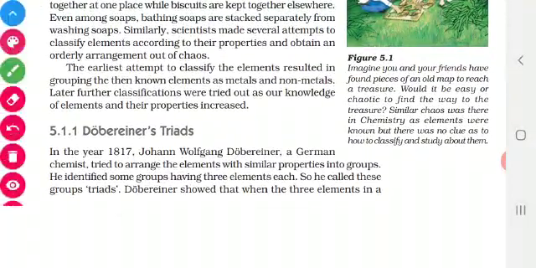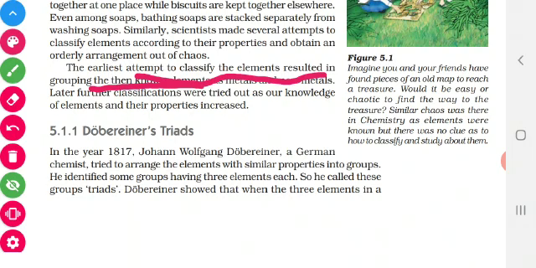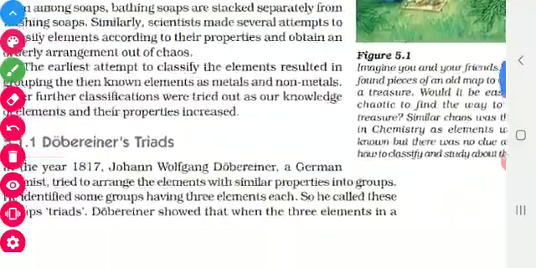Now underline. The earliest attempt to classify the elements resulted in grouping them as metals and non-metals. So what is the earliest attempt?